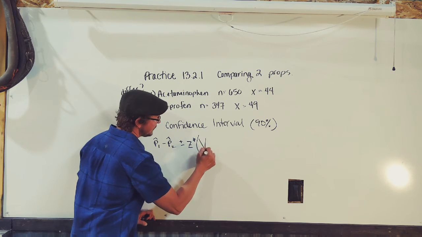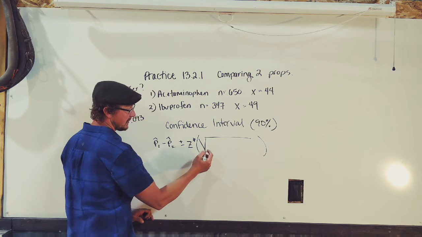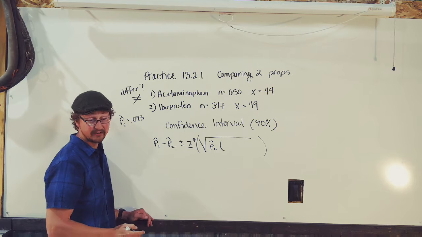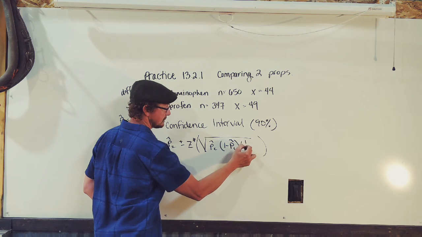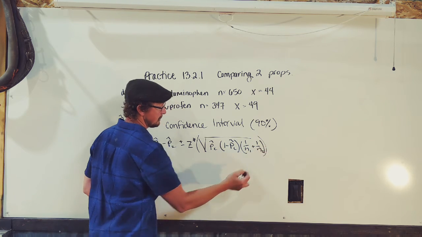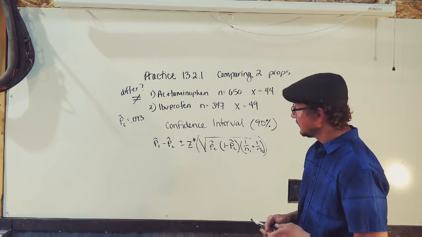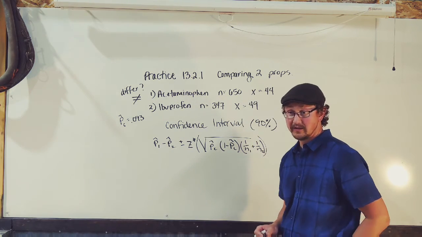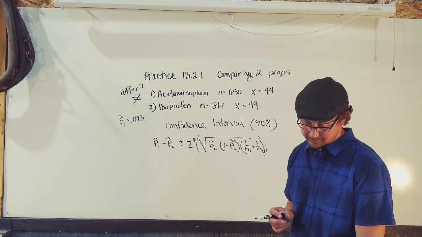And then multiply that times the standard error, which is that same thing that was on the bottom of our last computation. So that's, again, that combined proportion times its complement and 1 over, or the inverse of the sample size of both sets.